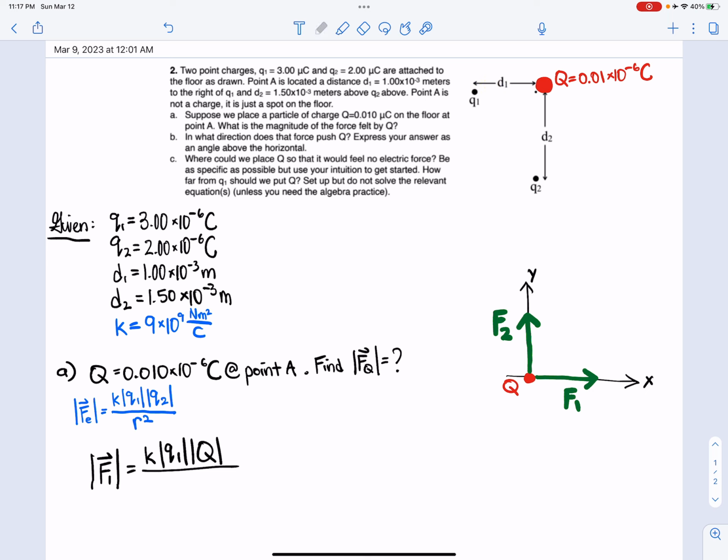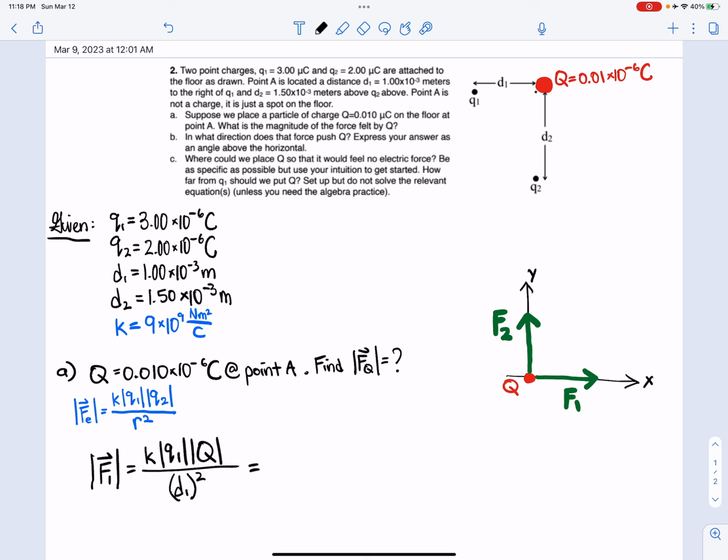And the value of that, D1, is 1 times 10 to the minus 3 meters. Or actually, I'll write that as D1 for now. So that will be D1 squared. Okay? So let's plug that in.